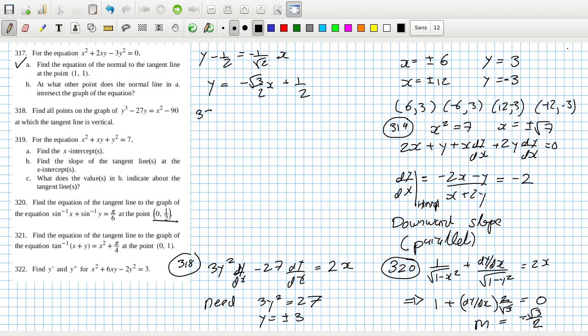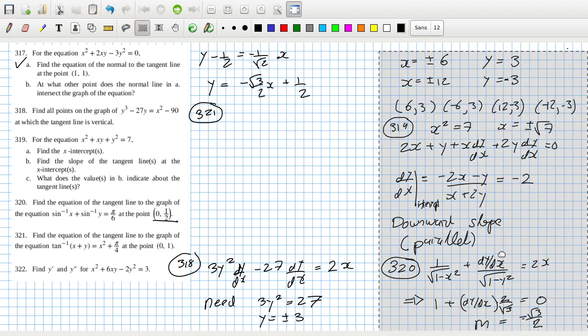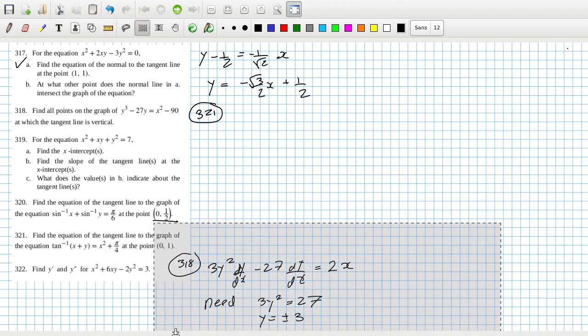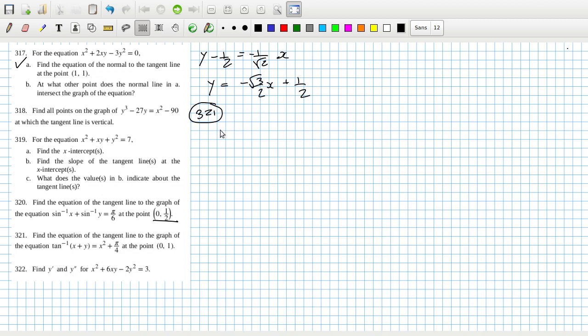Okay, 321. Find the equation of the tangent line to the graph at the point. Okay. Need to make more space here. Okay, 321. So, it's going to be 1 over x squared plus y squared.